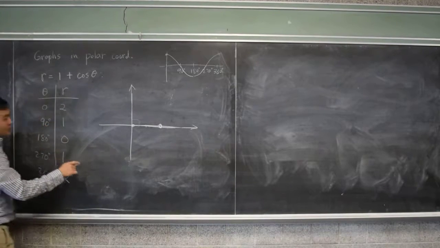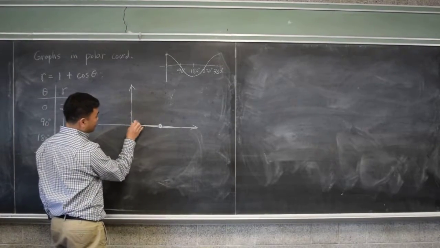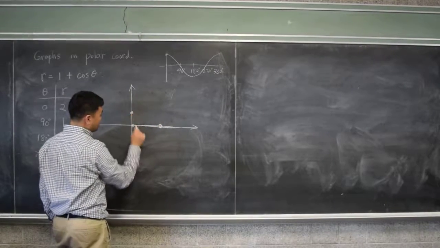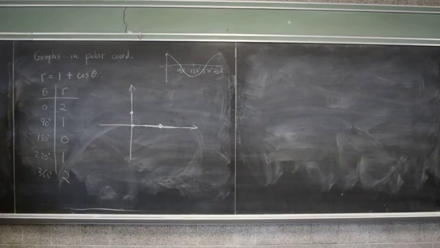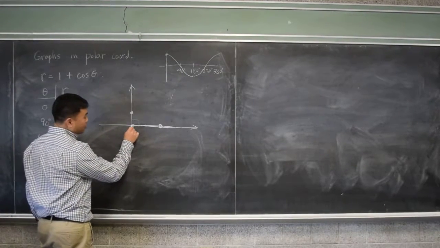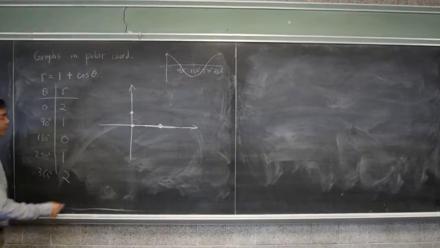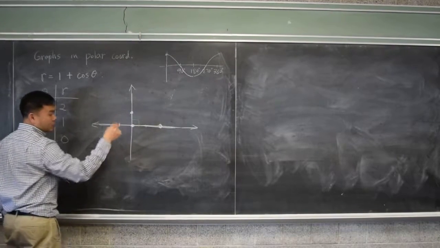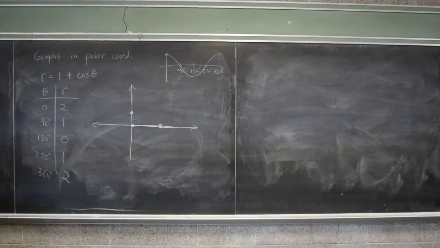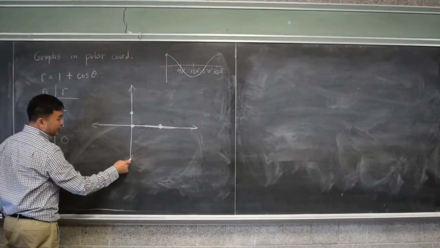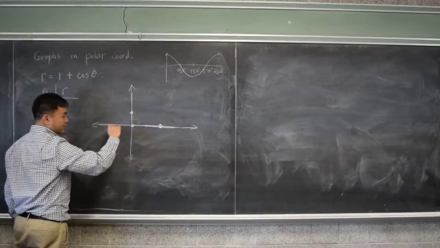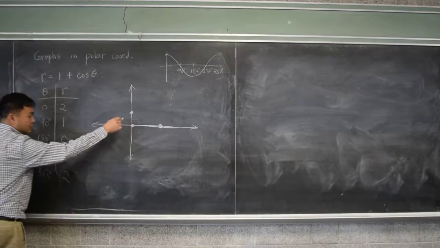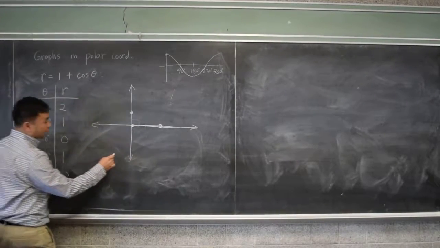You're supposed to go 1 step. And then at 180 degrees it is 0. So at this ray, it comes down to 0. And then at 270 degrees, which is this angle, right? 270 degrees from the positive x-axis is this direction, and you go one step.